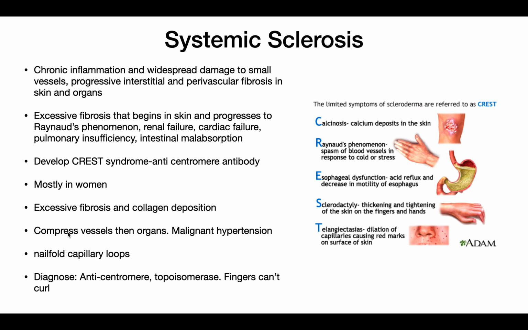So first, the problem is compressing the vessels, so there's going to be ischemia leading to Raynaud's phenomenon, and then it's going to continue to the organs, so there's lack of blood flow leading to renal failure, cardiac failure, pulmonary insufficiency, and malabsorption. So malignant hypertension is going to occur.